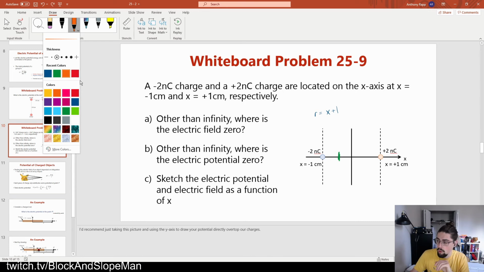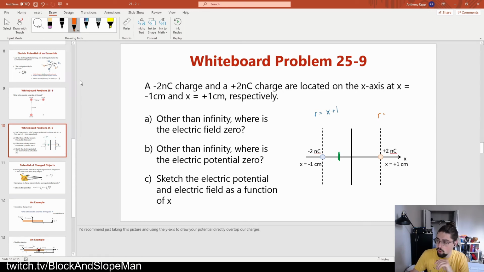For the orange one, we would see something like this. So we're starting at positive 1. When we plug in x equal to 0, we should see positive 1. But if x is equal to 0.5, for example, our r value should be 0.5.